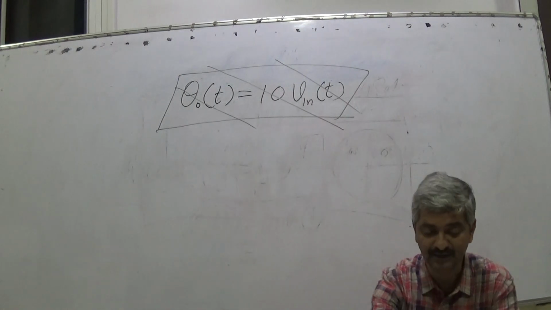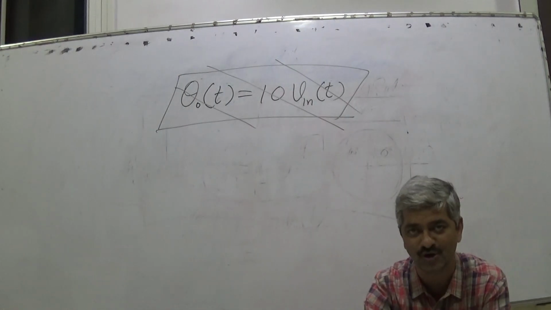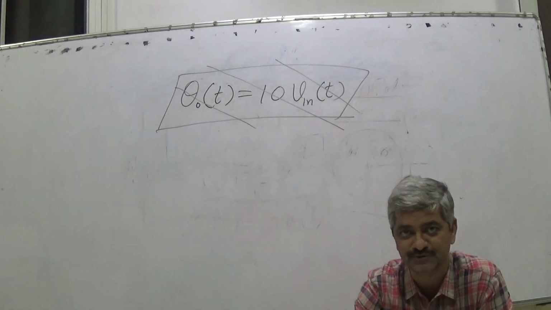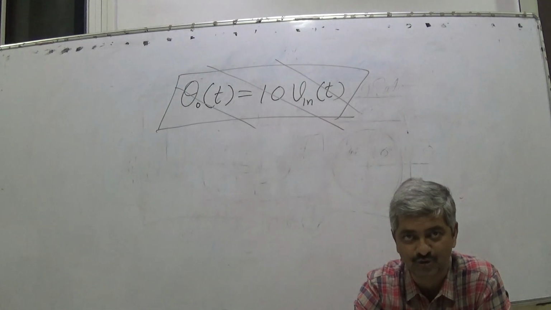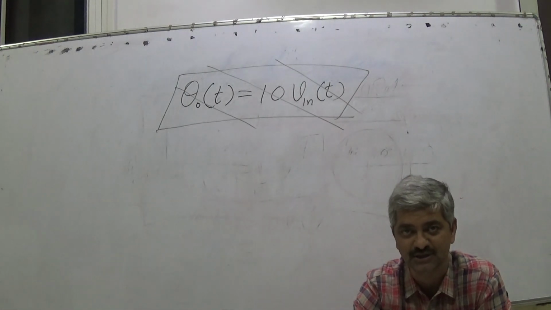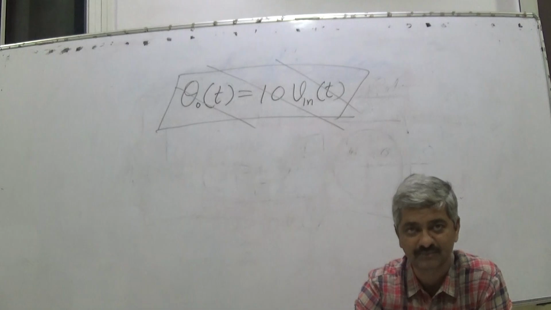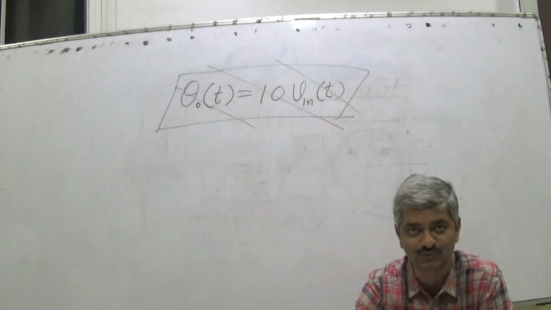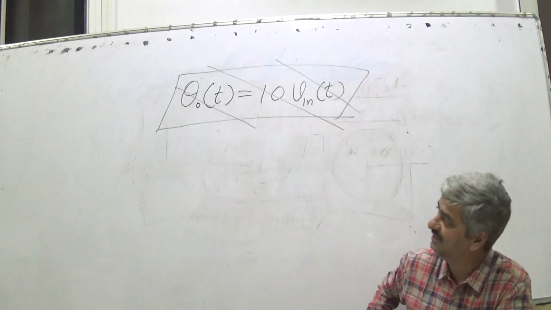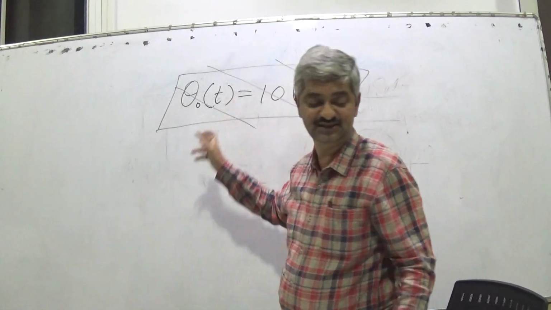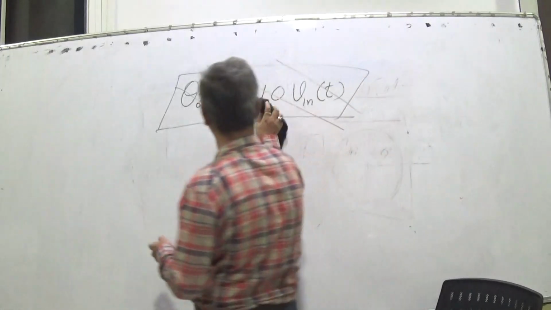But if the speed of changing input is more, in that case the output angular position will not be maintaining the proportion with the input voltage. Then what will happen? So naturally this is ruled out to be the correct equation.